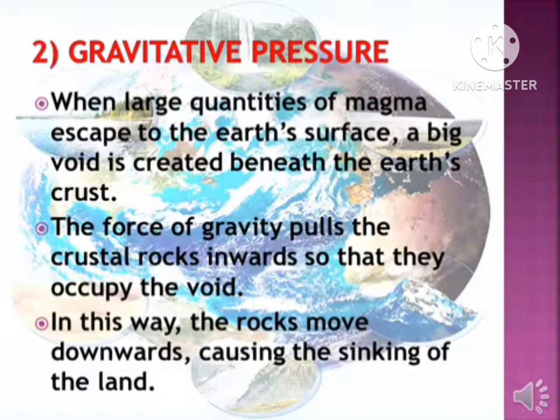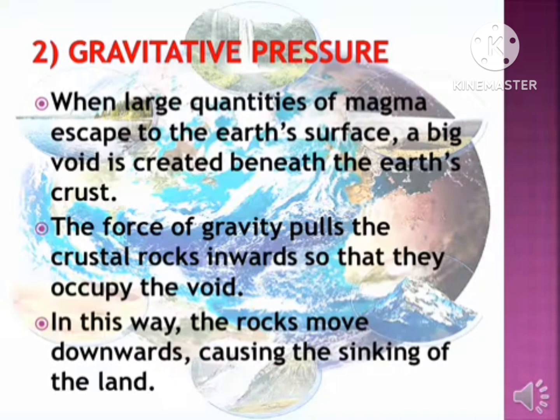The second cause of earth movement is gravitative pressure. In this case, when large quantities of magma escape to the Earth's surface, a big void or a big hole is created below the Earth's crust.